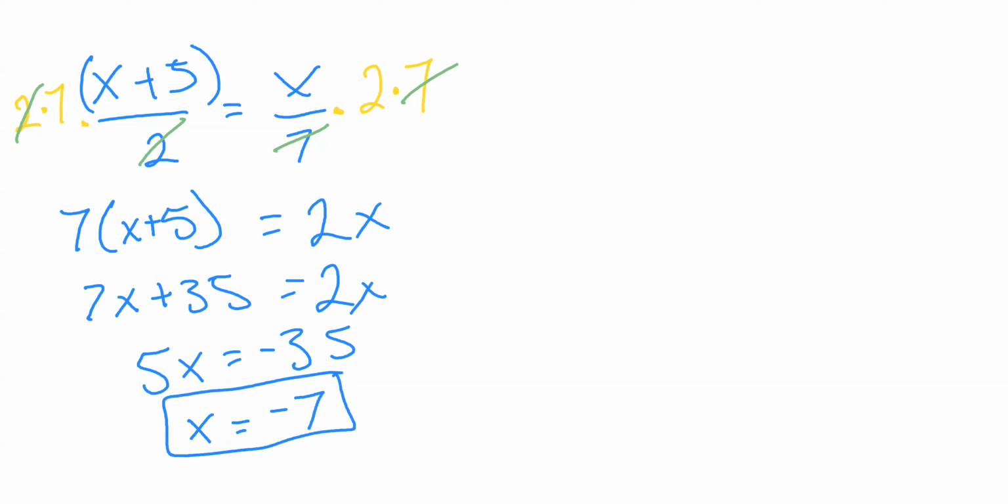Now, in this case, we didn't have any variables in our denominator, so we don't really have to worry about making the denominator of our original equation 0. Remember, our original equation is (x plus 5) over 2 equals x over 7. But just to be safe, let's check our answer in there. Our answer is -7.